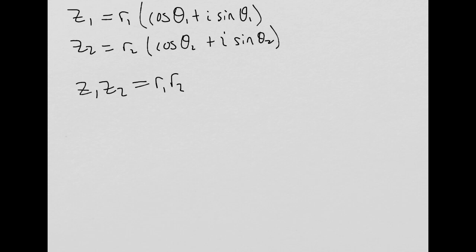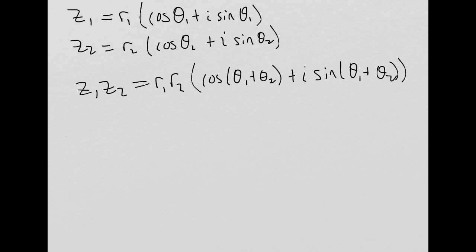If you multiply both these things out, distribute, multiply it all together longhand, factor everything back out, this is what you come up with. All we did was multiply the moduli and add the arguments. Whole thing falls right out.